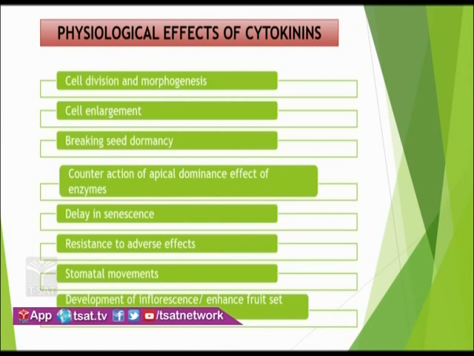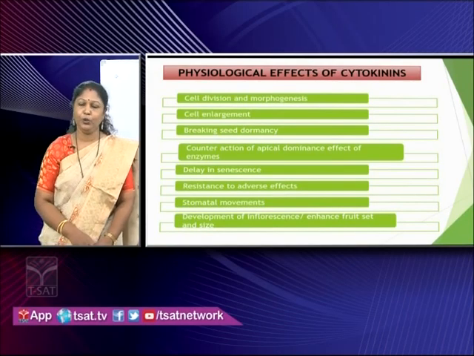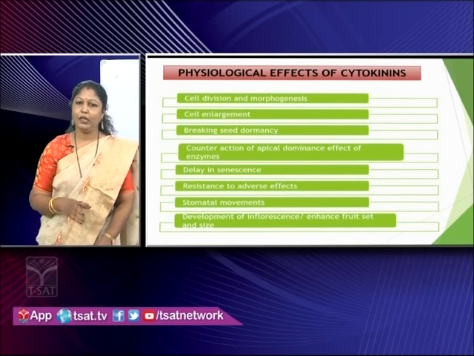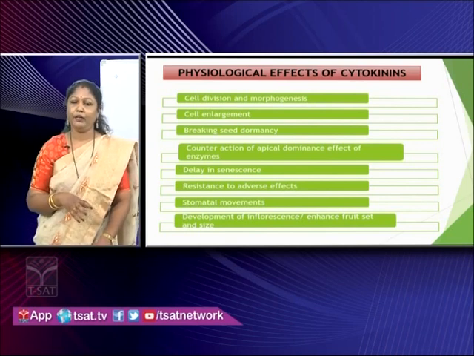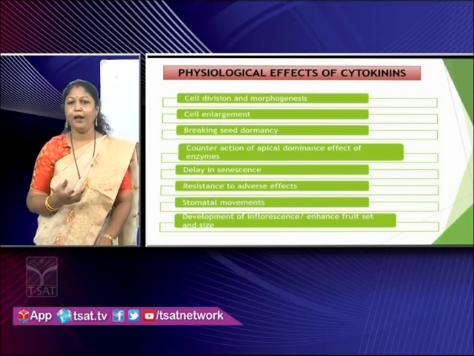After cell division, cell enlargement is the next step for morphogenesis. Not only that, they also help in breaking seed dormancy. In lettuce, dormancy cannot be broken internally, so application of cytokinins can lead to breakage of seed dormancy.